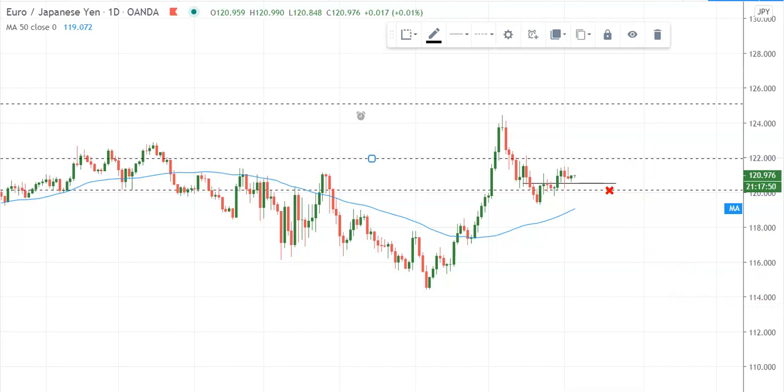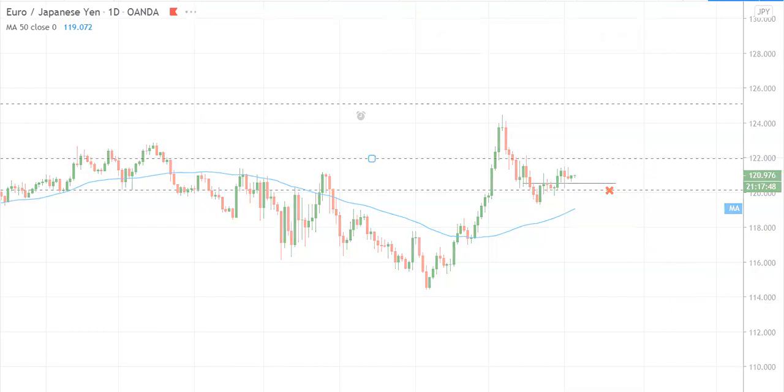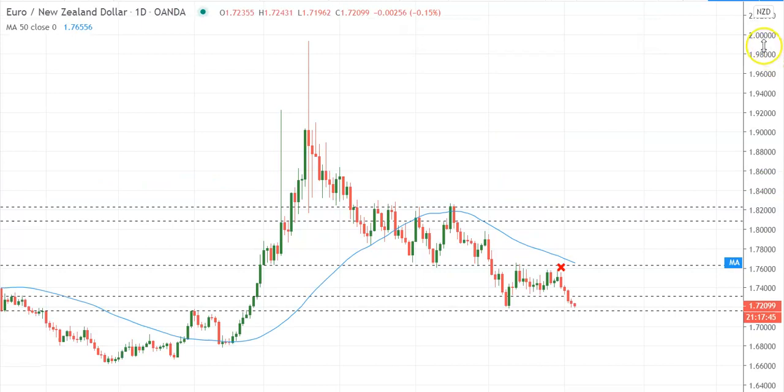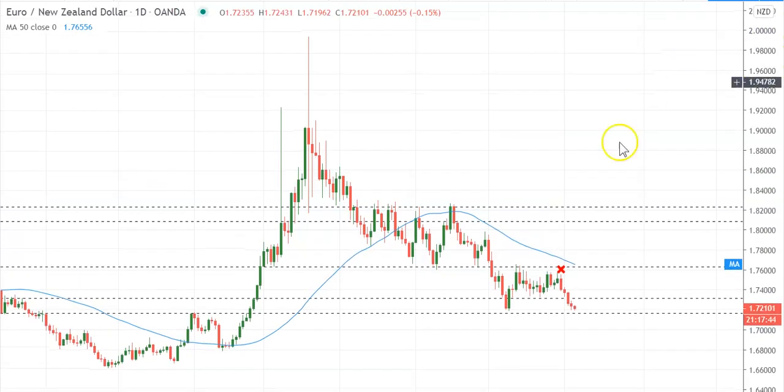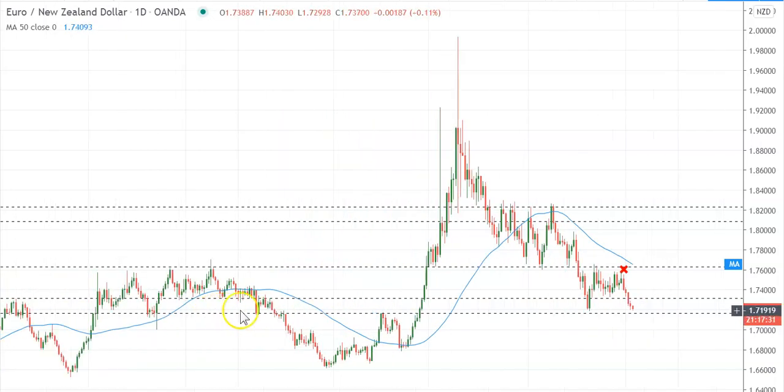Euro NZD. Again, very similar to the Euro AUD. Unless I get a break of this level, I'm leaving it alone. If it got down here, you can see price has reacted at this level before.